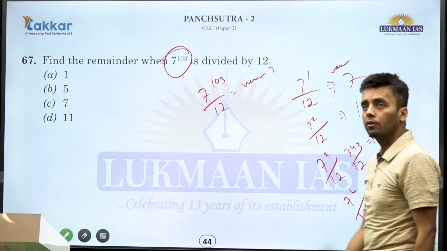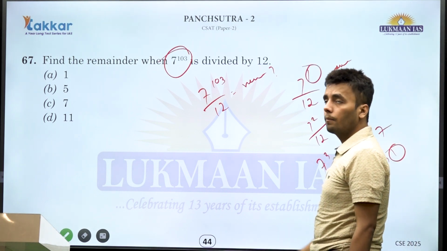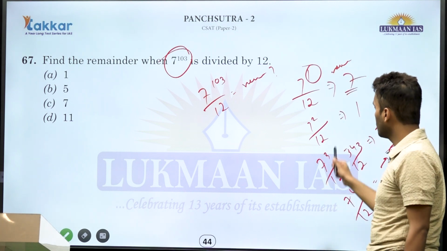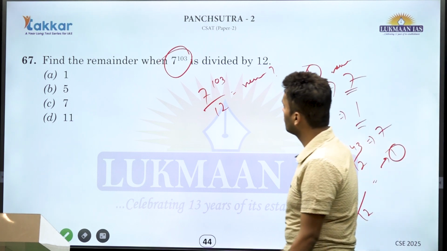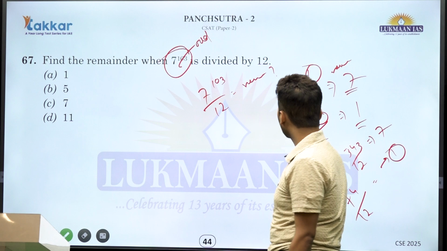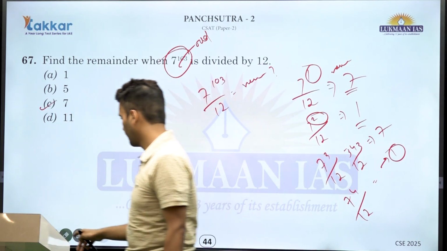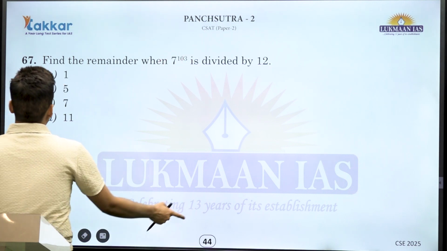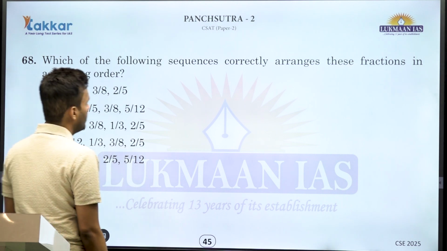So we see a pattern: whenever the power is odd, the remainder is 7, and whenever the power is even, the remainder is 1. Based on this pattern, 103 is an odd power, so the remainder will be 7. Simple. This is a very basic question.